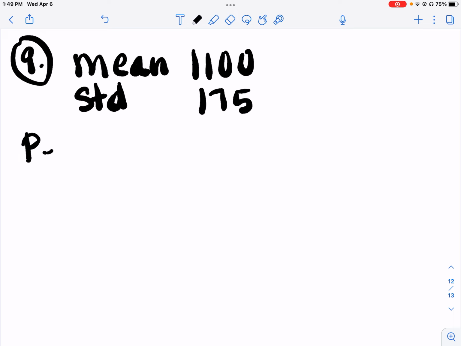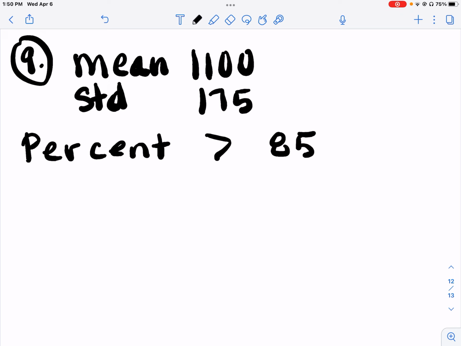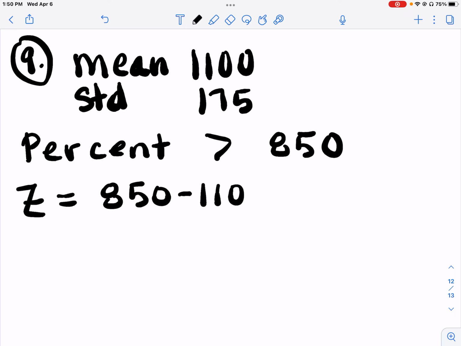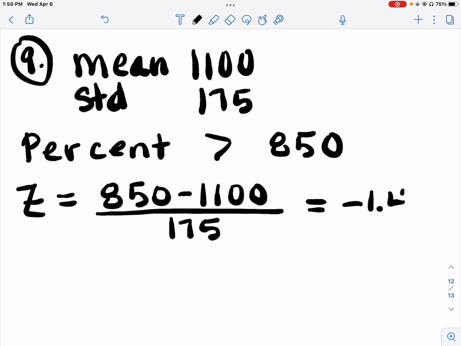We're looking for the percent more than 850. So we're going to change that to a z-score. Round to hundredths. Our z is negative 1.43.